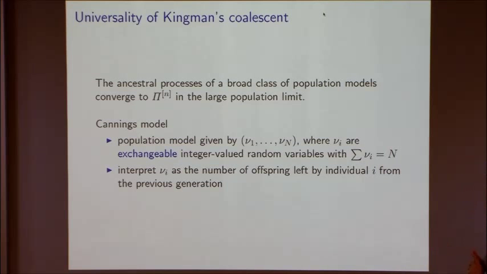The biological interpretation is that nu sub i is the number of offspring left by individual i from the previous generation. So in the Wright-Fisher model, these nu sub i are multinomial with probability 1 over n. But you can see that there are many other possibilities for how you define the vector of offspring.